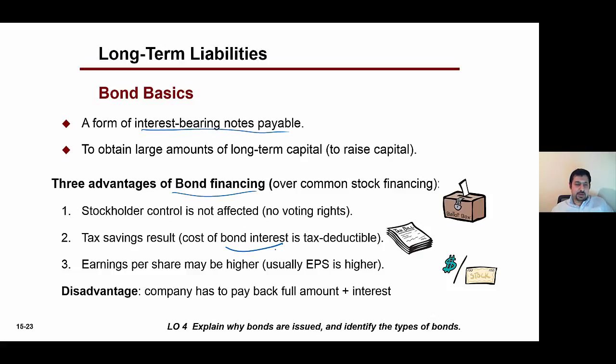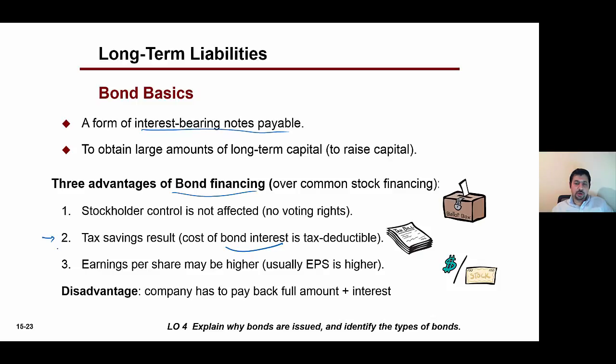And the third main advantage, and we'll see in a second how this one works, is that because we did not issue additional stocks, we have the same number of shares outstanding with shareholders.